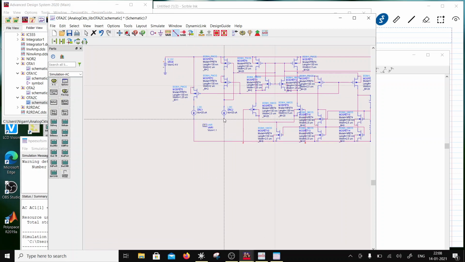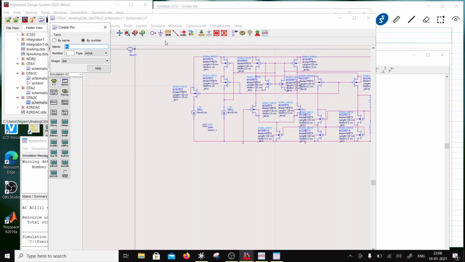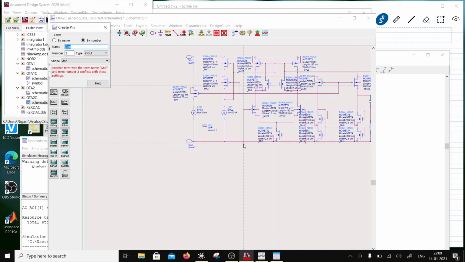So this is the ground and I'll connect a pin to it, and then I would have this as a VDD. Okay, so I will create a pin VDD here, right? So that's VDD, and then there is a ground pin which is a GND. So that's a ground pin, and then you have this one as a INV, NINV. So this is a NINV and this one is a INV.